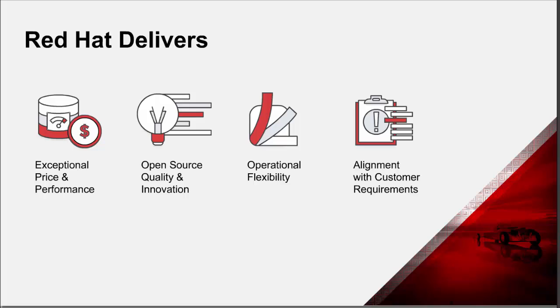With our software products, we deliver a very flexible operational model. Whenever you want to run an application, you can run it on-premise, in the Amazon cloud, in containers or on virtual machines, depending on what your enterprise requirements are.